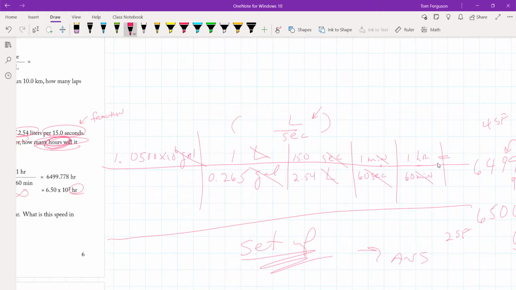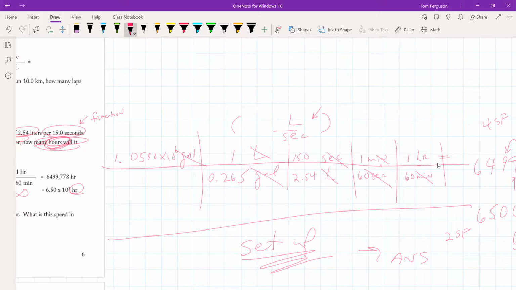Perfect. The other part is, do you know how to use your calculator? And I'm not giving you much credit for that, because the setup is the important part in my class. I'm not trivializing working your calculator. I'm just saying, though, if the setup isn't right, it doesn't matter how well you can work your calculator.